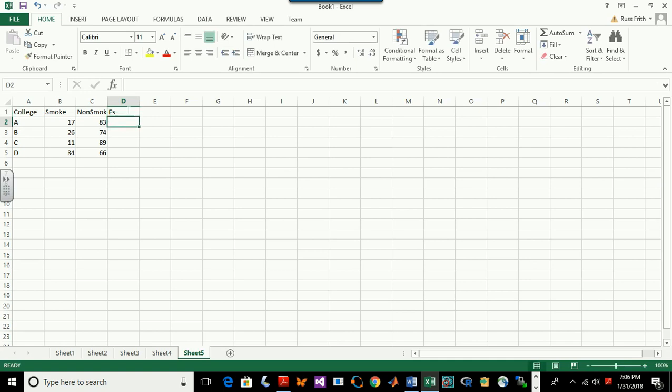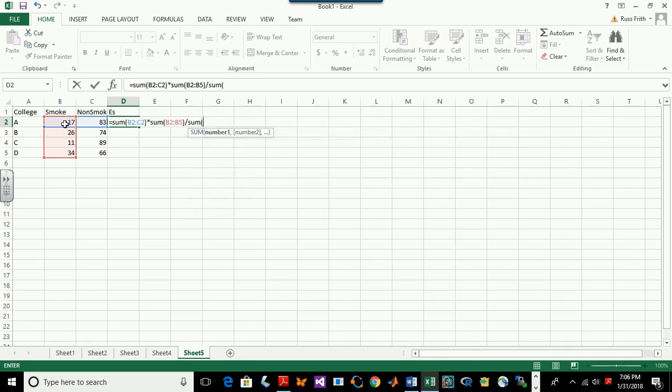So this would equal the row total divided by the column total. I'm sorry, it would be the product, not the quotient: the sum of the row total times the sum of the column total, divided by the grand total.